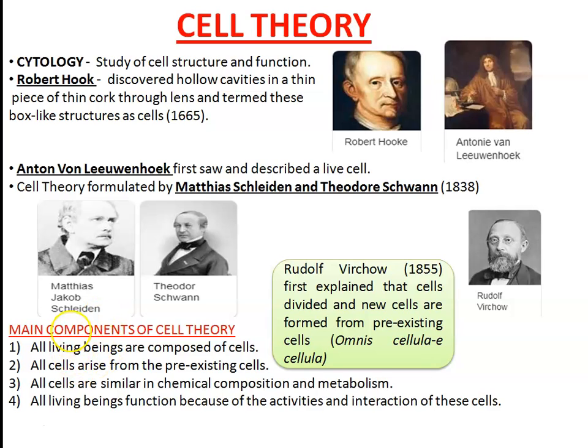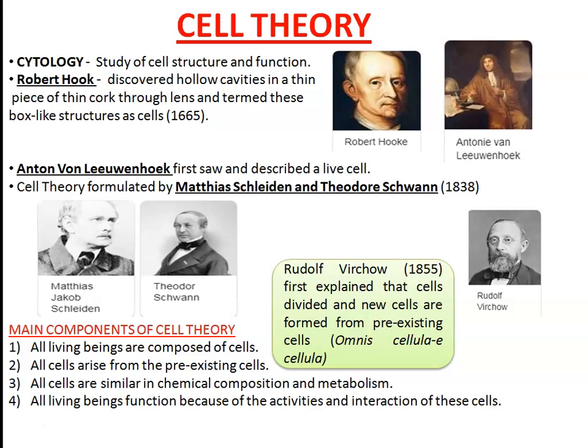One person observed the animal cells and one person observed the plant cells. So when they collaborated, they came to the conclusion that all living beings are composed of cells.